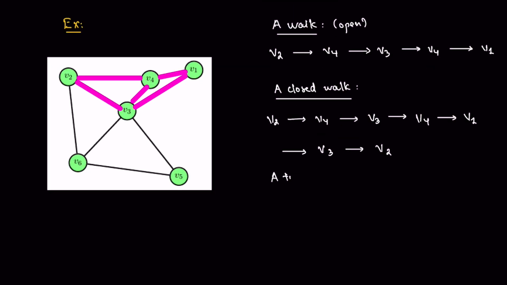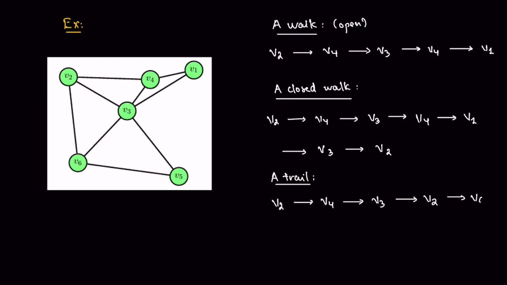Now for a trail, the characteristic is that this has to be an open graph. Repeated vertex or repeated vertices are allowed, but the repeated edge is not allowed. So let me delete this. I'm going to start at V2 again. So V2 I can go to V4, I'm going to go to V3, I'm going to go to V2 again, and then go to V6.